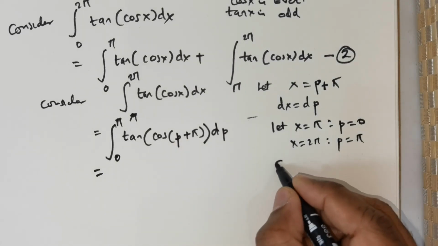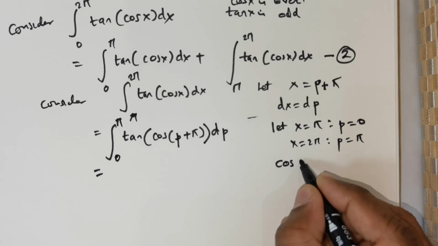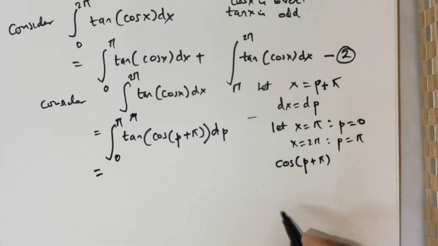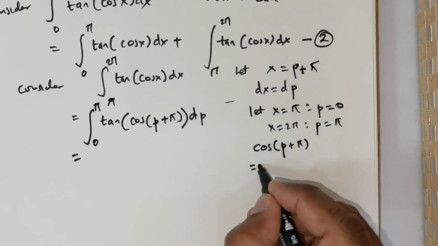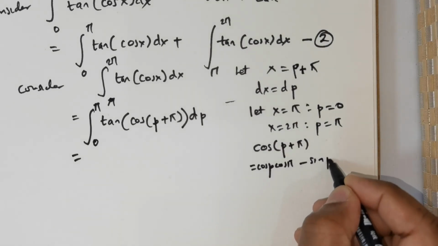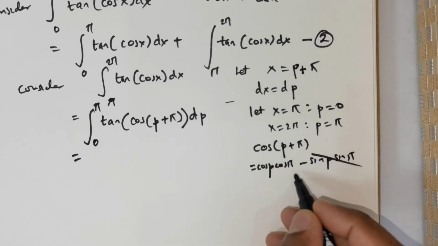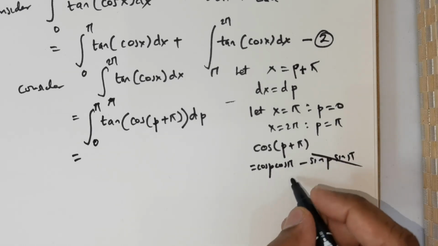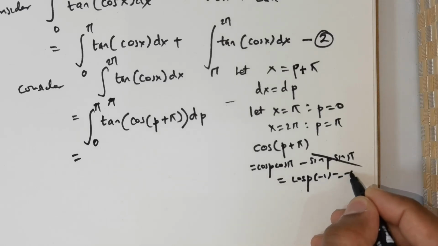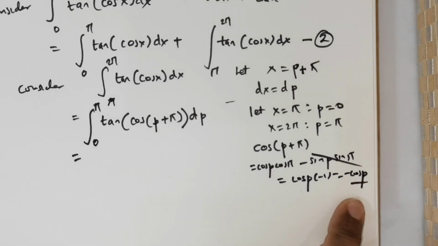If you expand this, it is cos p cos pi minus sin p sin pi. Now this vanishes, but cos pi is negative 1, so this is cos p times negative 1, which is nothing but negative cos p.